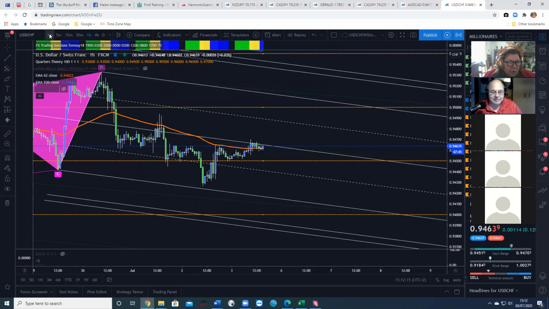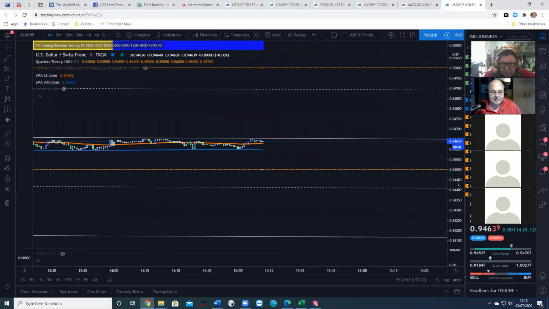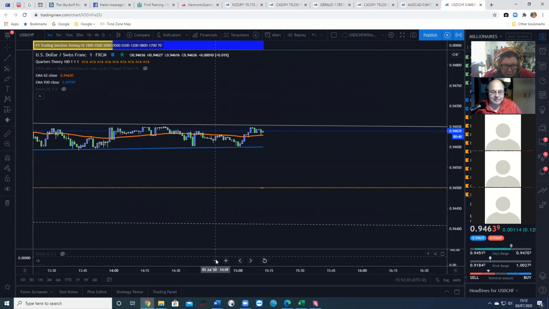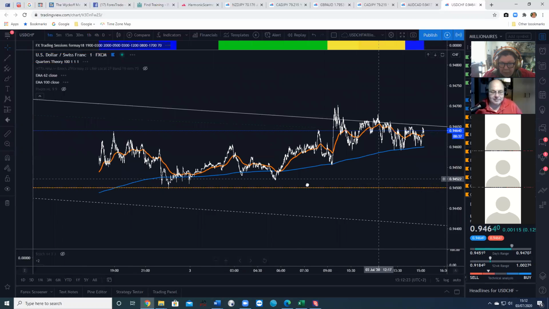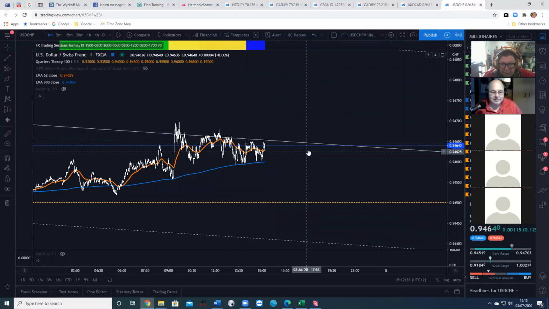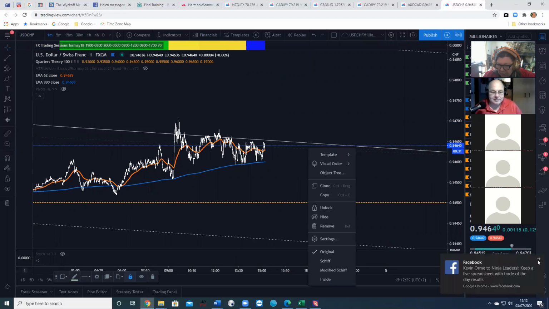Let's see what it's doing on the 1 minute. So the story on the 1 minute, I can see an old pitchfork just coming through there as well.